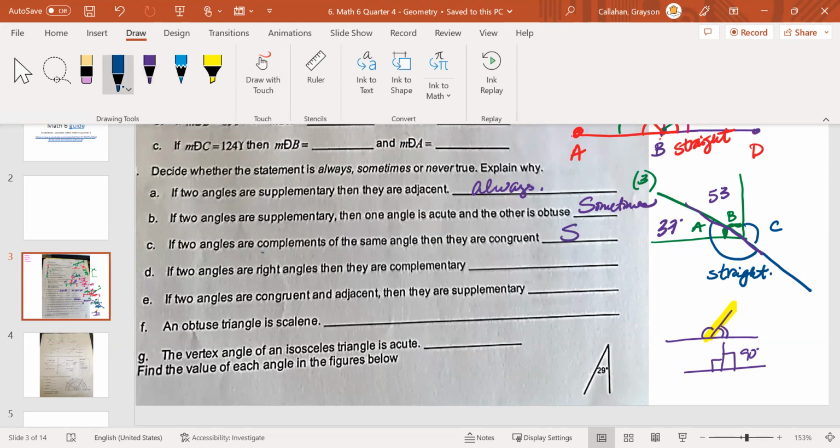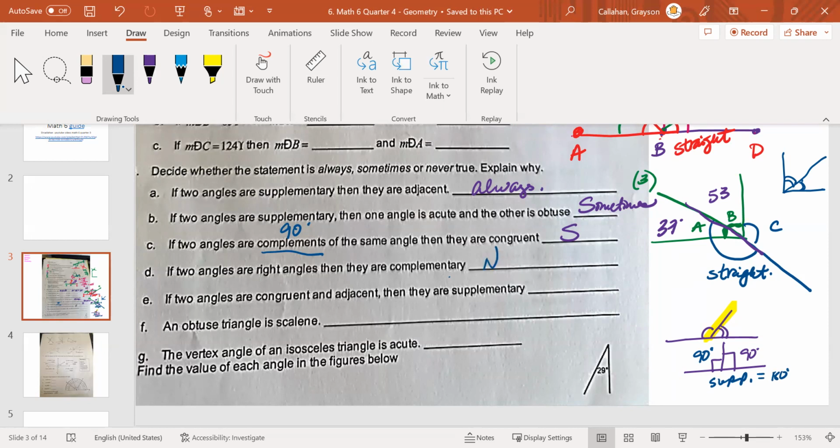And the reason is complement means 90, so you can have an angle that's a little bit smaller than the other one. So I'll put sometimes. If 2 angles are right angles, they are complementary. That's always. Well, actually, no. If two angles are 90 and 90, they're not complementary, they're supplementary because they need to add up to 180 degrees. Do you see that? So this is never, okay?